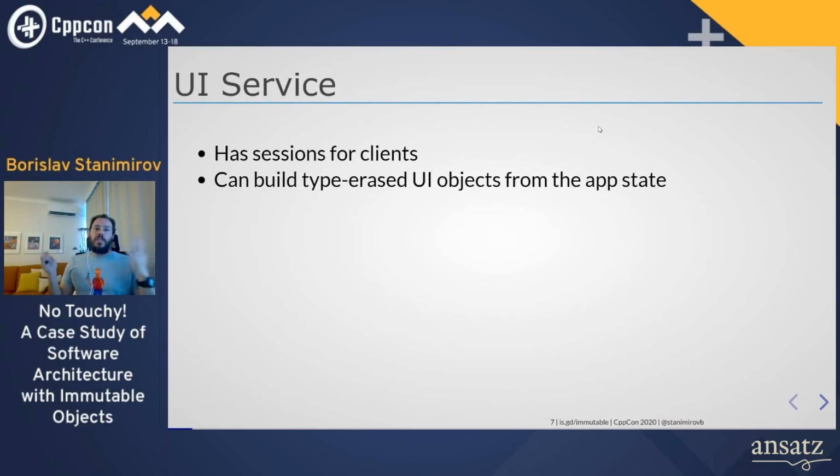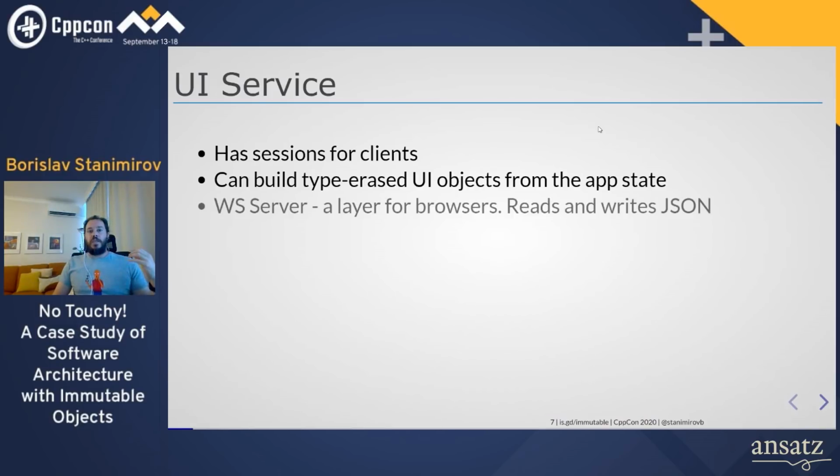So the UI service, for example, has sessions for clients. It supports multiple sessions as we support multiple clients. So multiple people can connect from their browsers to the same server and participate in the treatment in some way. It basically builds type-erased UI objects from the application state. There's a module of the UI service called the WebSocket server, and it's a layer for browsers, basically.